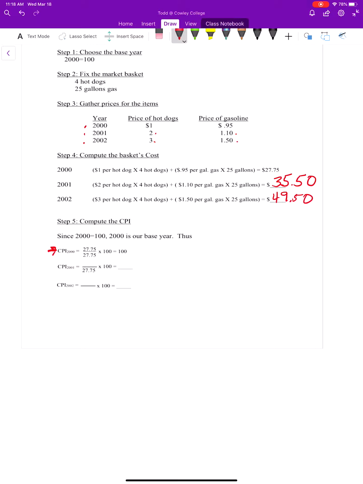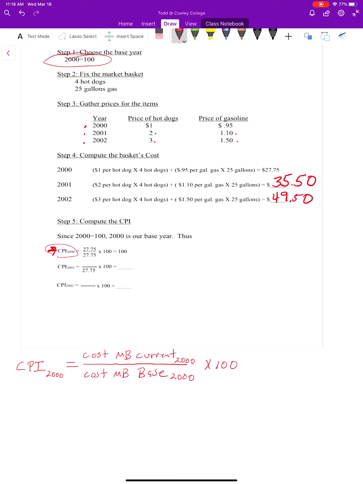The consumer price index in the year 2000 is equal to the cost of the market basket in the year 2000, divided by the cost of the market basket in your base year. Remember, our base year was the year 2000, so we put that in as well. And then we multiply it by 100.